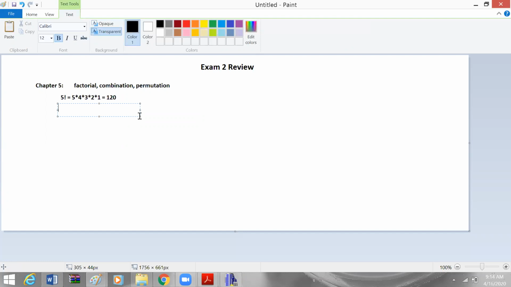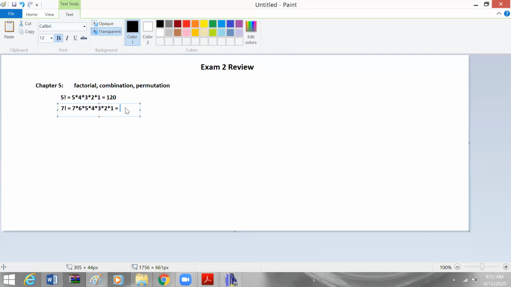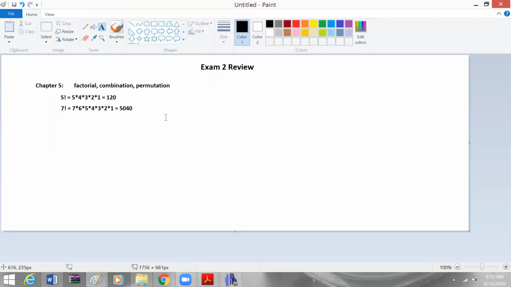So 7 factorial would be 7 times 6 times 5 times 4 times 3 times 2 times 1. I mean, 1 is not necessary, but we just need to write them down. So that would be 5,040, right? So this is the thing that we need to deal with for the factorial.